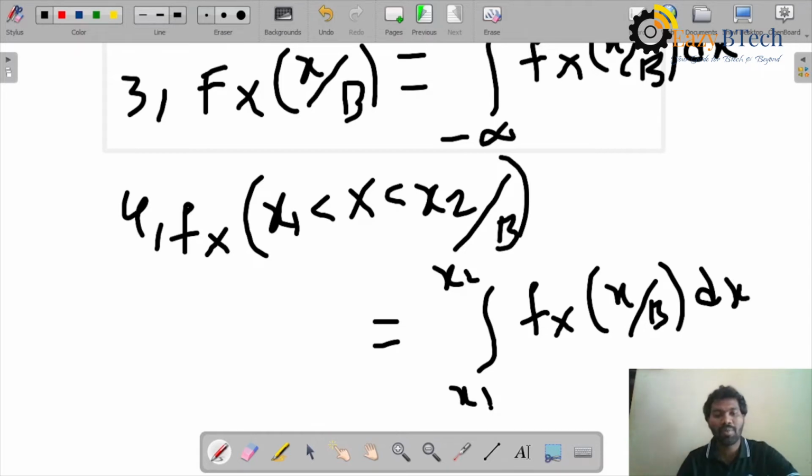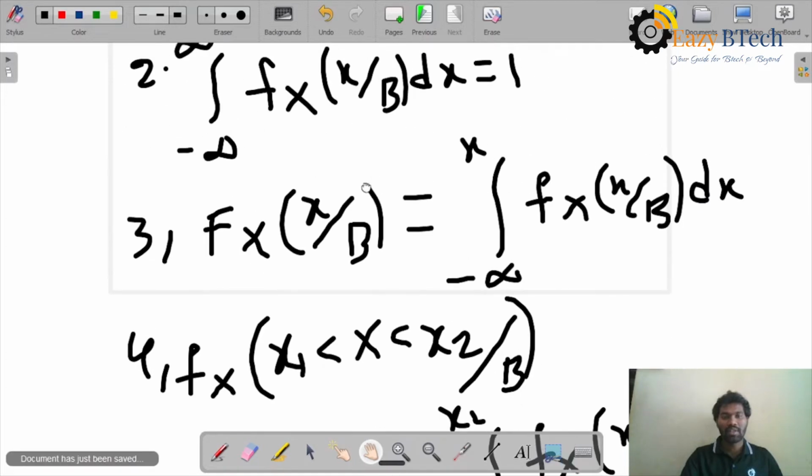So these are the four properties of the conditional density function.